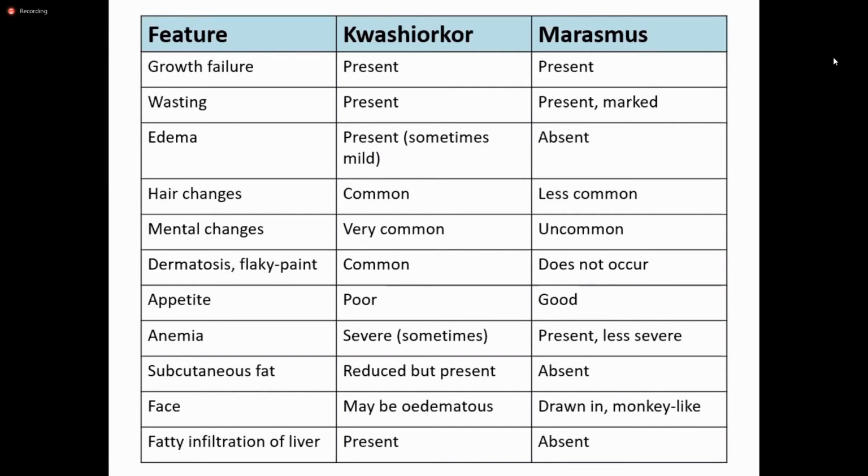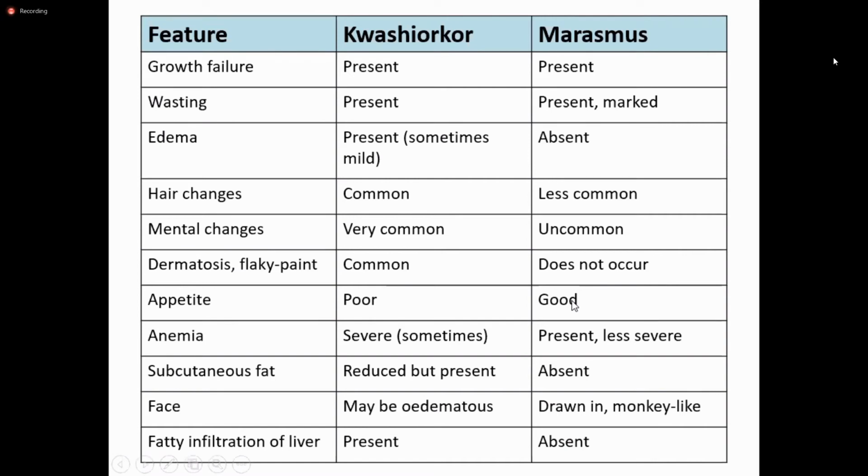So this table differentiates features between kwashiorkor and marasmus. So growth failure will occur in both, wasting more marked in marasmus. Edema will be present in kwashiorkor. Hair changes are more in kwashiorkor. Mental changes, so the child will be apathetic, irritable, which is more common in kwashiorkor. Dermatosis, skin changes will be common in kwashiorkor. And one striking feature to differentiate between these two: in marasmus, appetite is good.